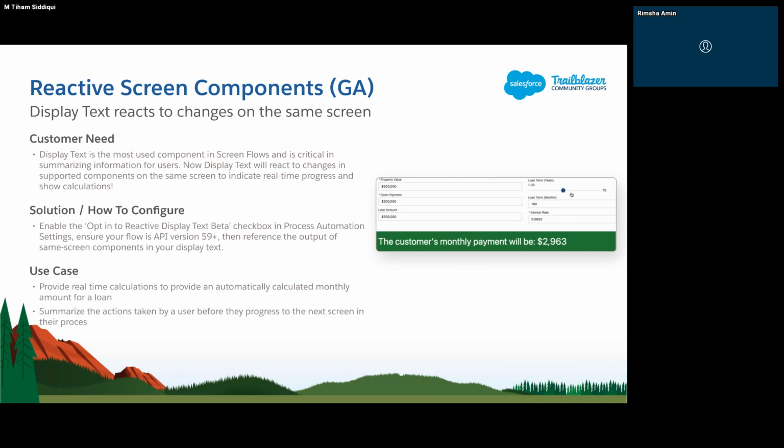Let's say you have this as a number field, and you put in a number and then go forward to get the monthly calculated amount every time you change the loan terms. This is a better experience when you are moving the slider and you are getting the monthly payment on the same screen.